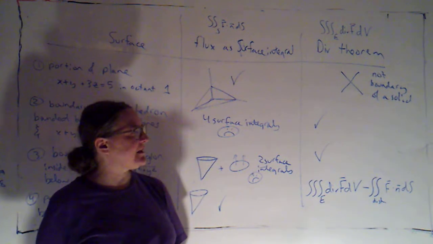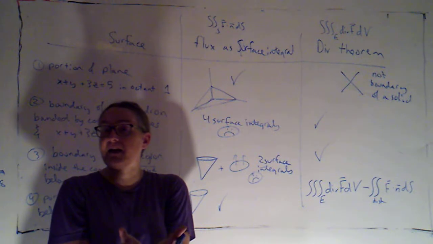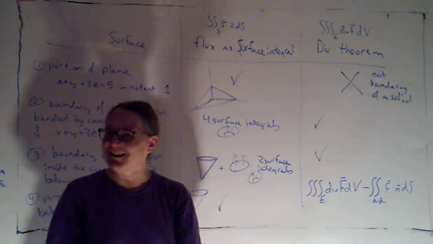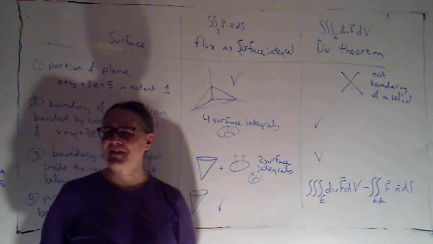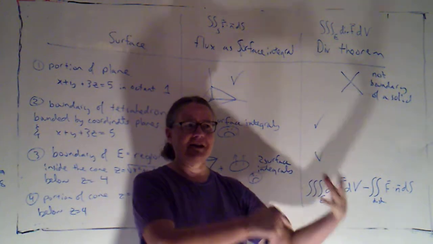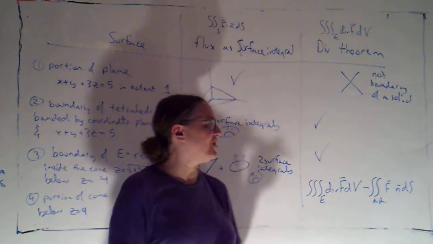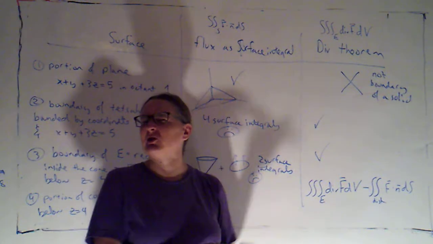Just about the only thing we've seen where a single surface is the boundary of a finite solid would be a sphere. Technically, we could have an ellipsoid as well, but you're not going to see any examples of that in the text, because that would require flux integrals, the divergence theorem, and a change of variables using the Jacobian, which is a little bit much when we're just learning the divergence theorem and flux integrals.